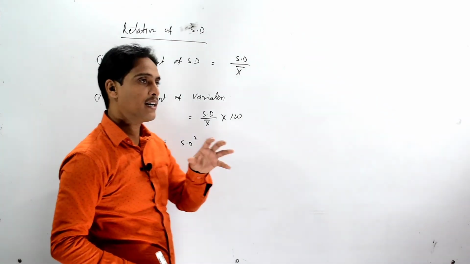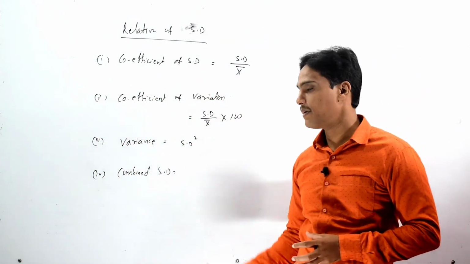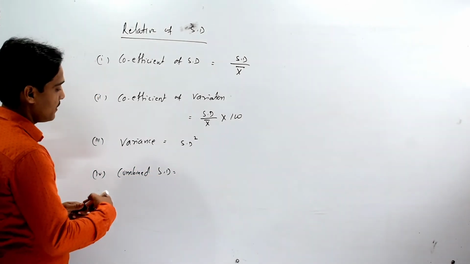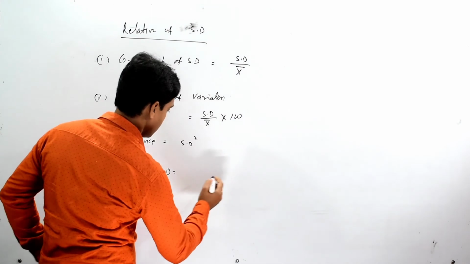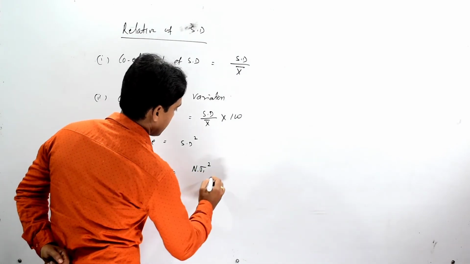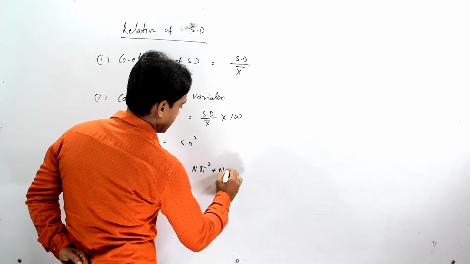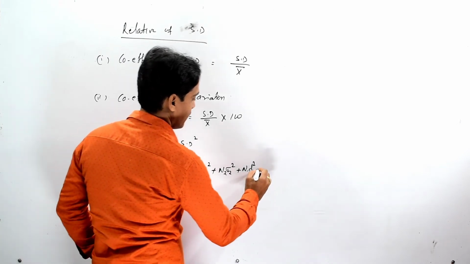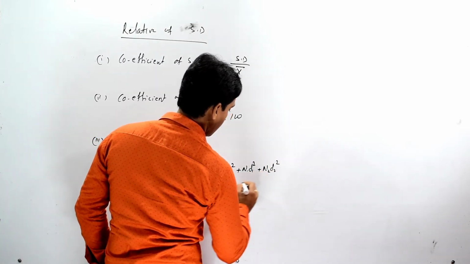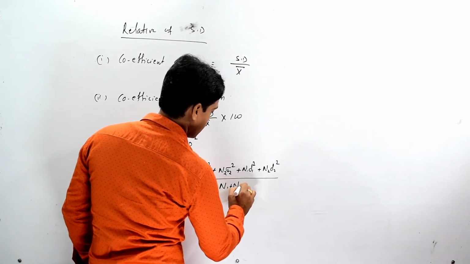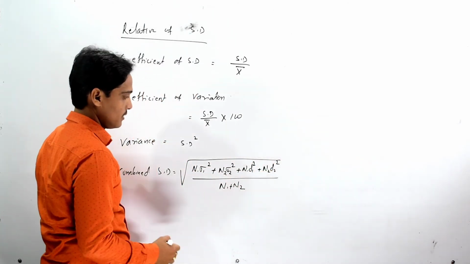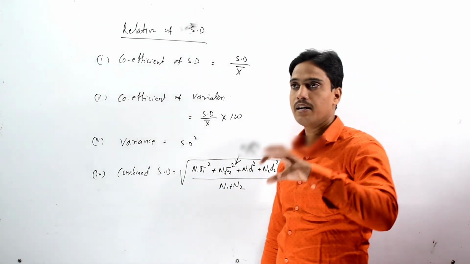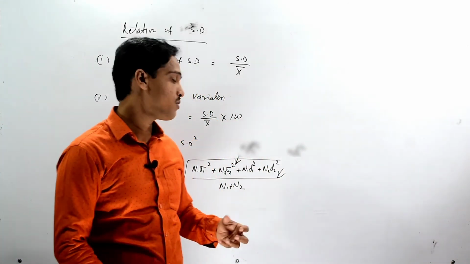That is the standard deviation which is calculated by combining two or more series or distributions, computed by using the rule: whole root of n1 standard deviation 1 square plus n2 standard deviation 2 square plus n1 into d1 square plus n2 into d2 square, divided by n1 plus n2.